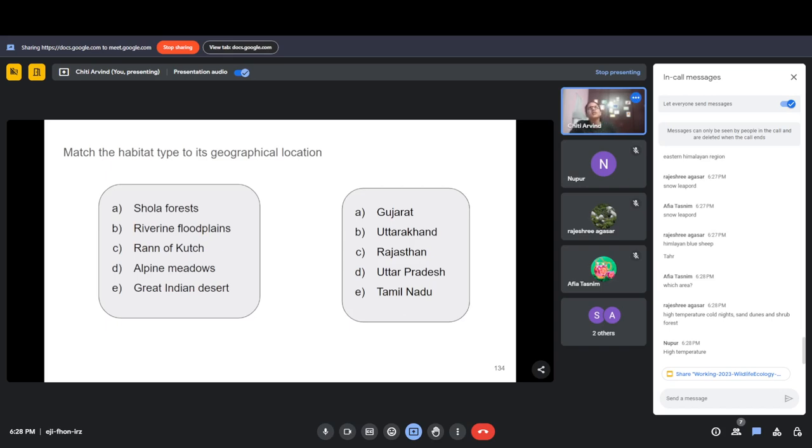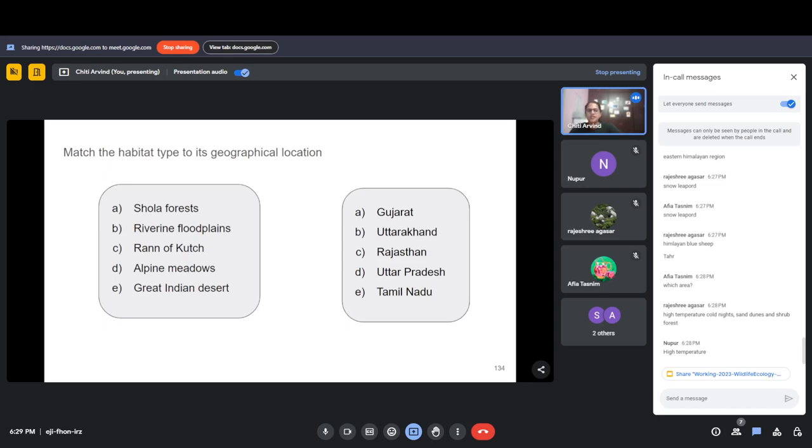Sure, but very sparse, right? So, yes, definitely you have the high temperatures and cold nights for sure. So, there's a huge fluctuation in temperature, right? And you have animals that are adapted to survive in such climates, right?